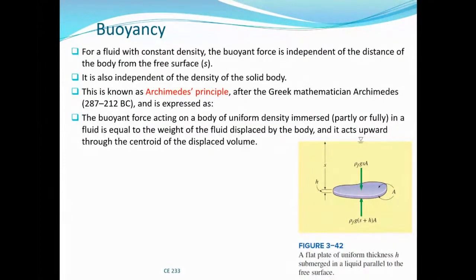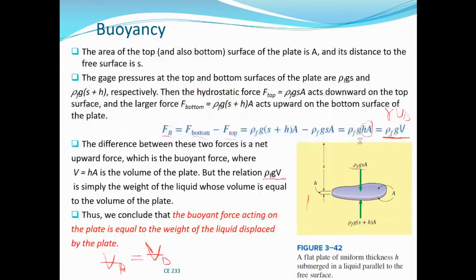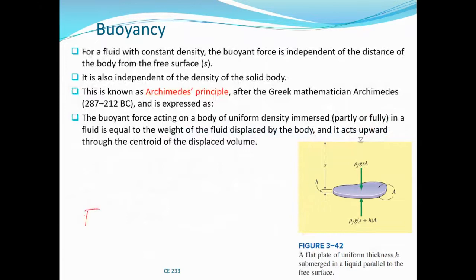Okay. For a fluid with constant density, the buoyant force is independent of the distance of the body from the surface. Okay. You can see that the buoyant force B is simply the density of the fluid times g times the volume of the displaced liquid. Okay, so it is independent of the distance.